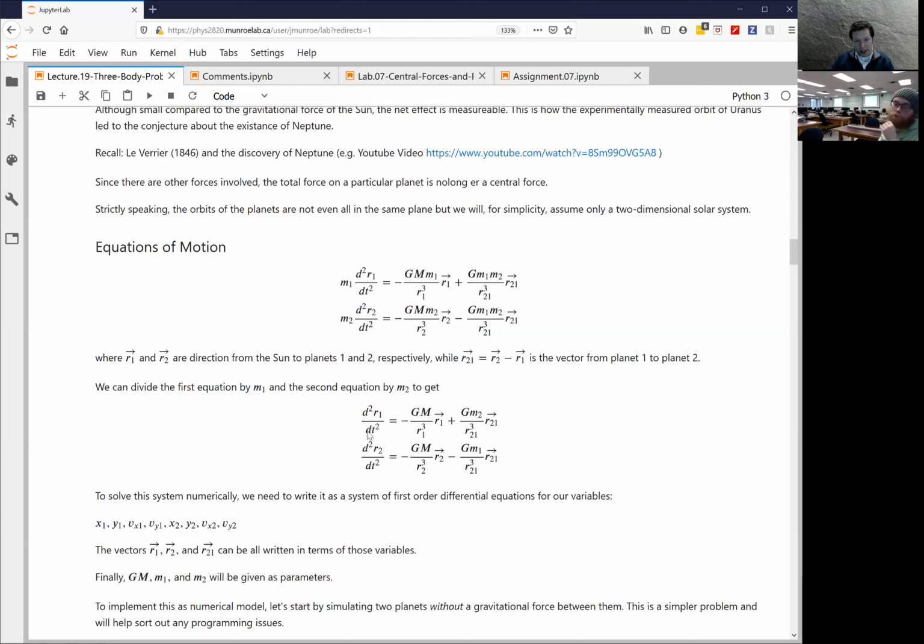And one of the things you'll notice is the acceleration of planet 1 depends on its position, and it depends upon the mass of planet 2. The more massive planet 2 is, the more it's going to affect the orbit of planet 1. Likewise, the position of planet 2 is going to be affected by the mass of planet 1. So now mass 1 and mass 2 become parameters into this numerical model.